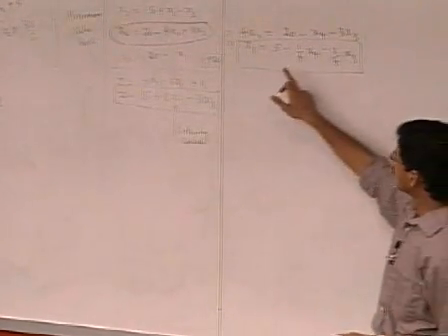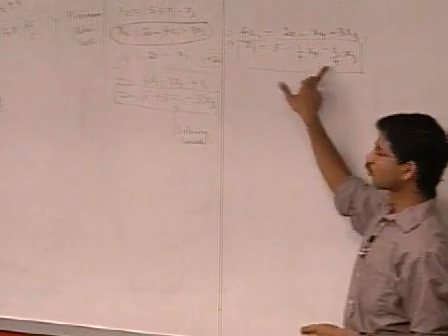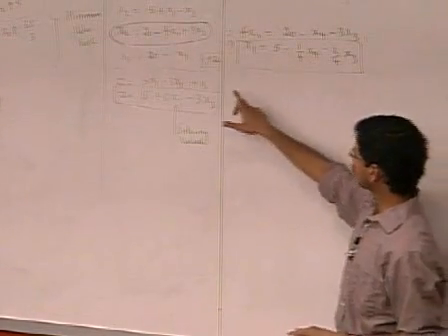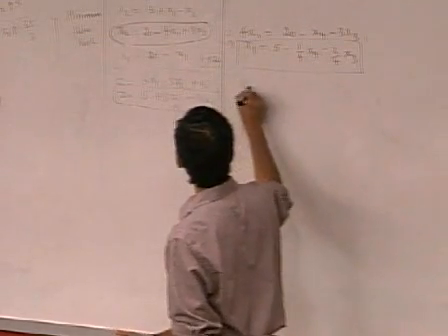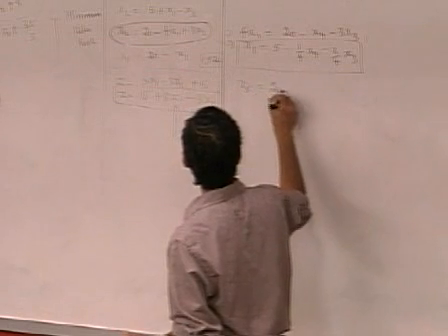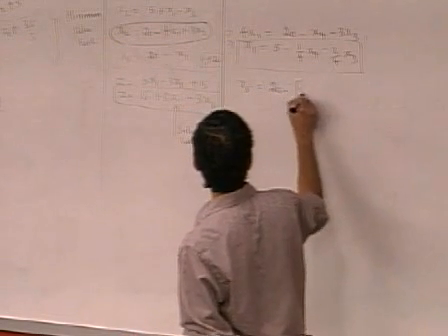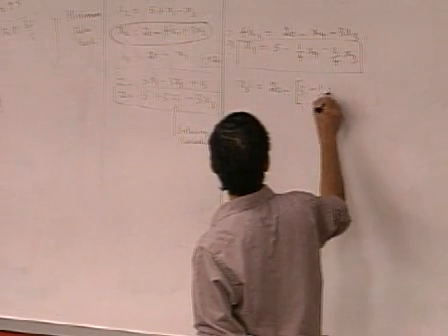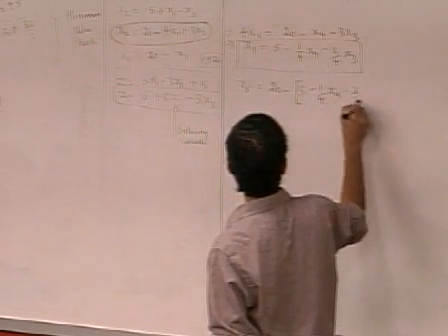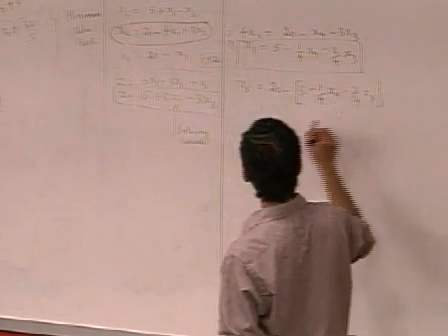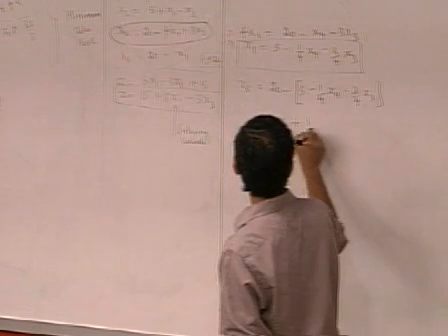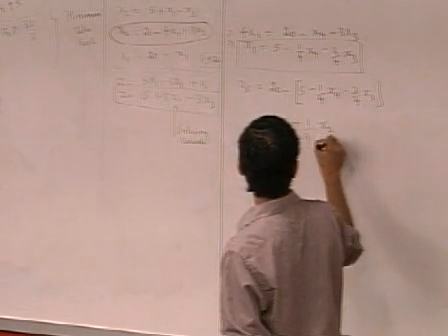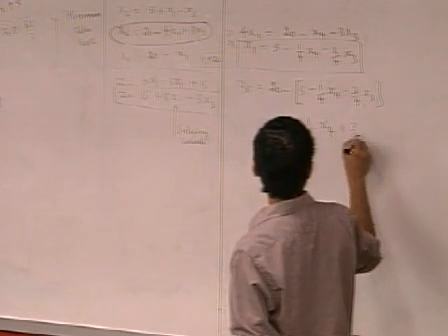Okay, so again, we have x1 in the form that we like. And now, let me just rewrite this. x5, which was 20 minus x1, is now going to become 20 minus this quantity. And if you simplify, you get 15 plus 1 over 4 x4 plus 3 over 4 x3.